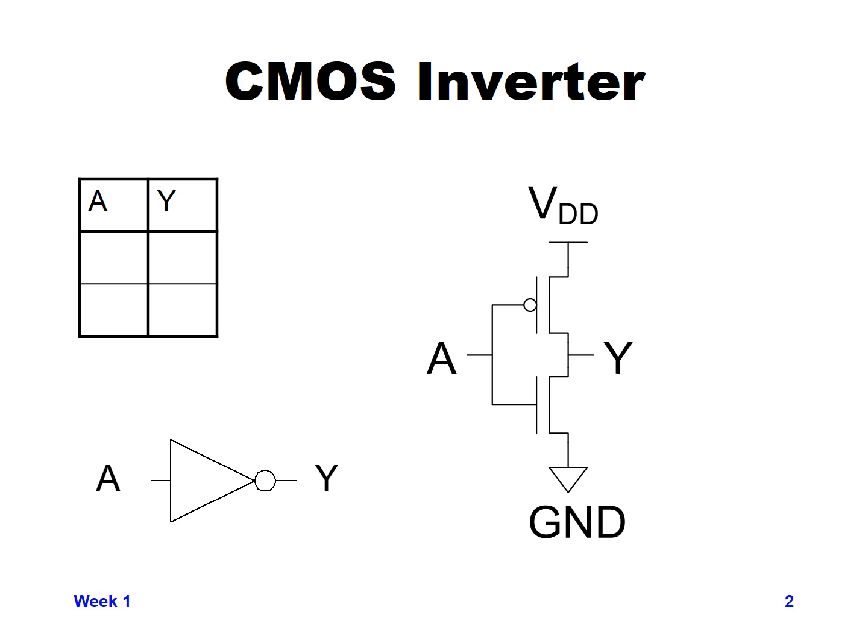So if we have the source of the NMOS device connected to ground and the drain of the NMOS device connected to the drain of the PMOS, and then the source of the PMOS connected to VDD, where the drain connections are connected together, that will be our output, which we're calling Y, and the gates are connected together as well, and they're connected to our input, which we will call A.